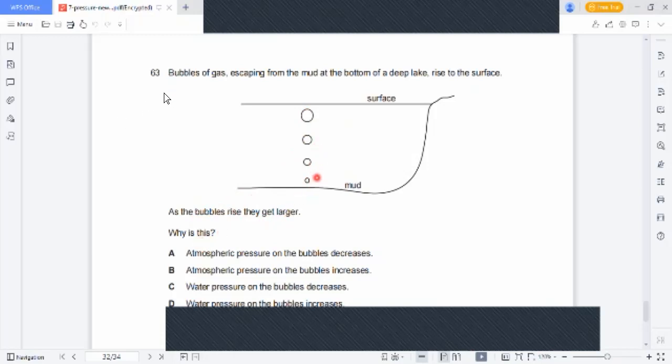Because the weight decreases. If the bubble is down here, it experiences more weight, meaning more pressure. If it moves up, the weight of the liquid on it decreases, so it starts expanding. When it reaches the top, the weight on it is very small, so its volume increases. Weight over area is pressure.